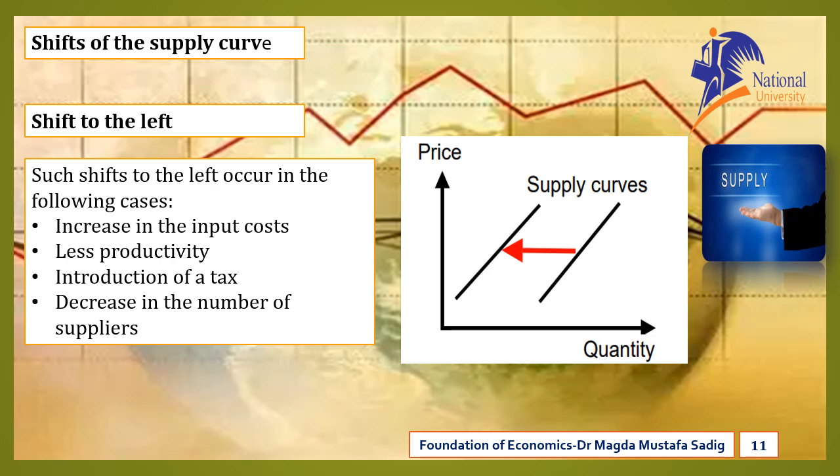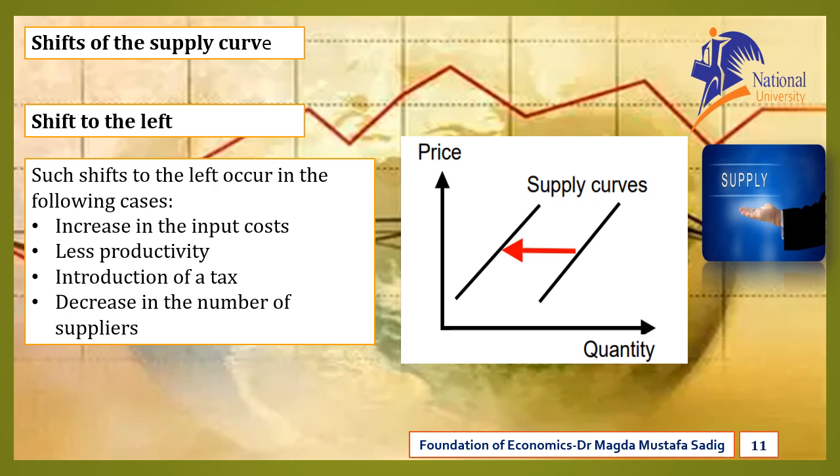So, increase in input cost. It becomes more expensive to produce goods. As a result, suppliers reduce the quantity they are willing to supply at every price. Also, less productivity due to outdated technology, poor management, or lower skilled workers, which will lead to lower output.